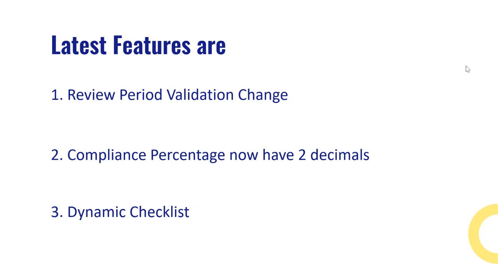Before I move to the web level configuration, showing the configuration of the web dynamic checklist, I have a query. There is a question which has come: audits which were already finalized, will their compliance score also change in the system?